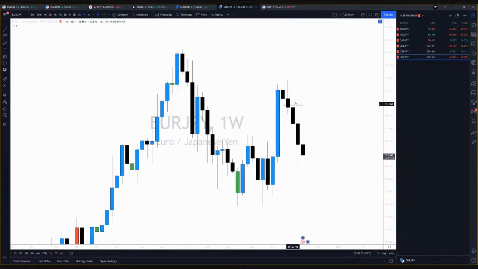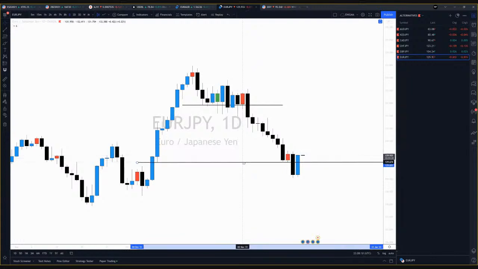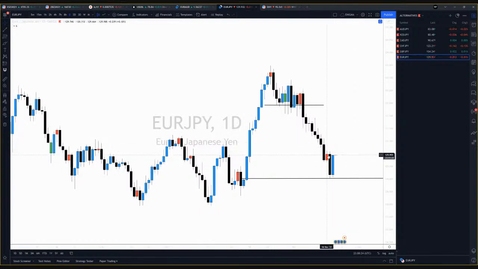Every week sell, every week sell till we get down here. And then inside this, I drop down to the daily and I find this one. Not that one, this one here. And that's where I traded to. So I took a sell that day, even though we were very low, I took a sell here.